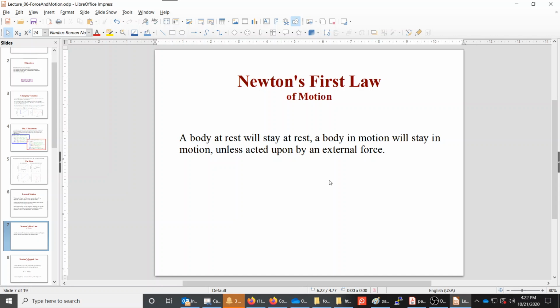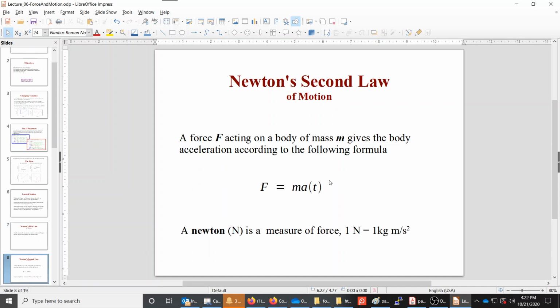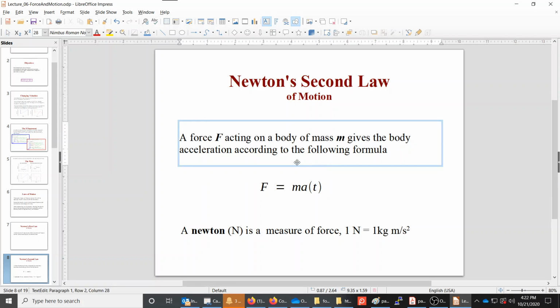It's going to cause it to change. So we know, of course, the force is, which is Newton's second law here, right? The force acting on the body is equal to the mass of the body times the acceleration.